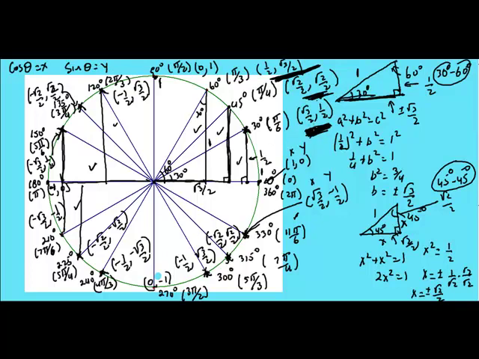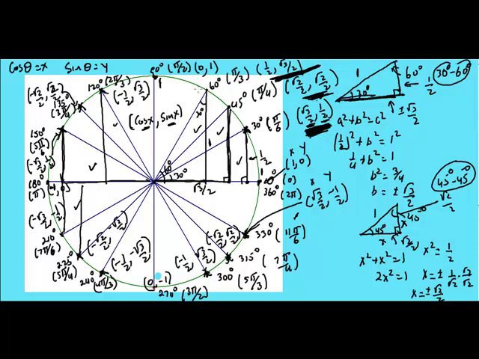So the first value is cosine, the second value is sine. So the point will always be written as cosine, instead of using theta, let's just use x, cosine of x, comma, sine of x. Cosine is the horizontal, and sine is the vertical. So cosine goes right and left, sine goes up and down.